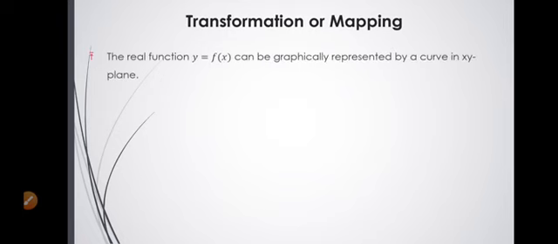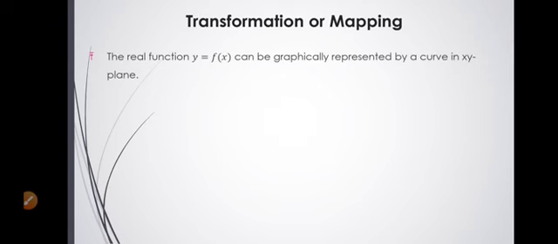The real function y equal to f of x can be graphically represented by a curve in the xy plane. We have represented functions like the equation of a line y equal to mx plus c in 10th standard on graph paper.